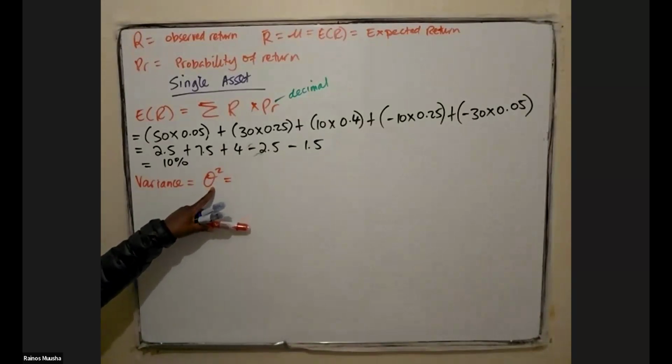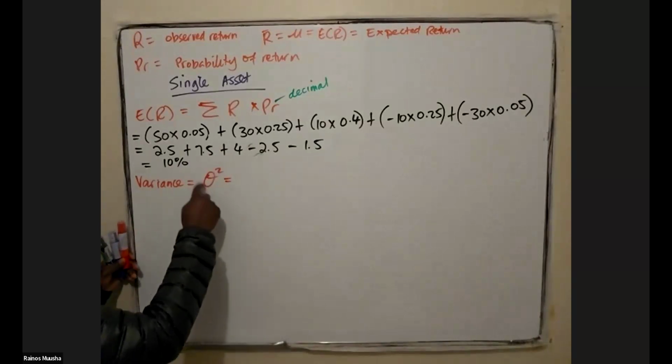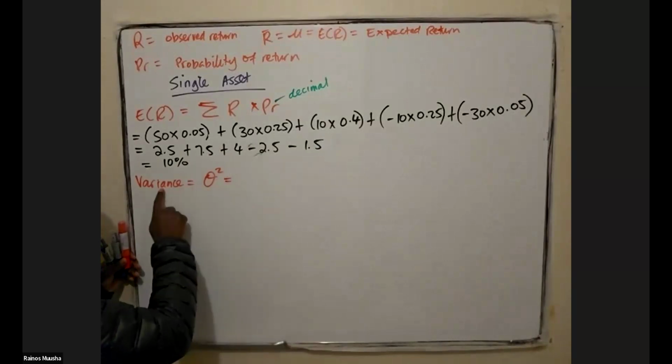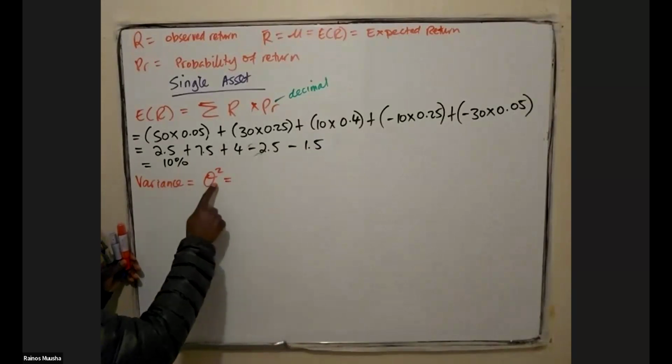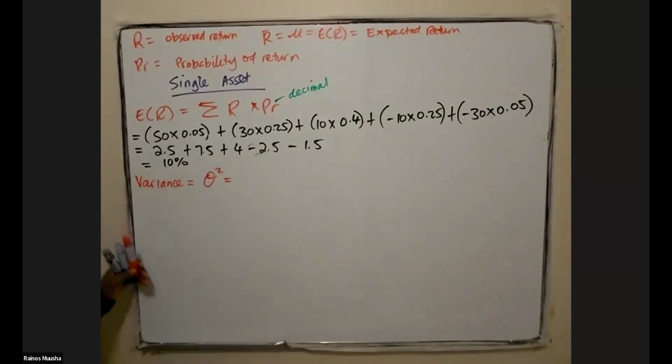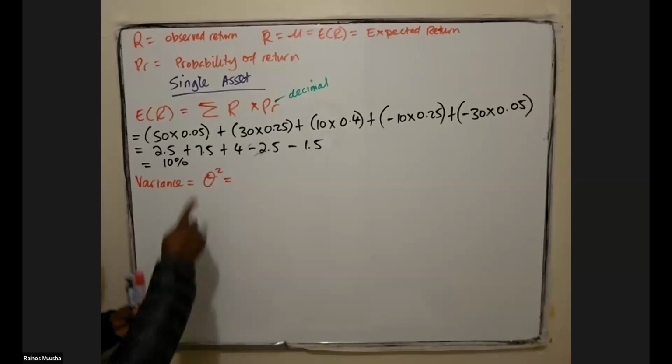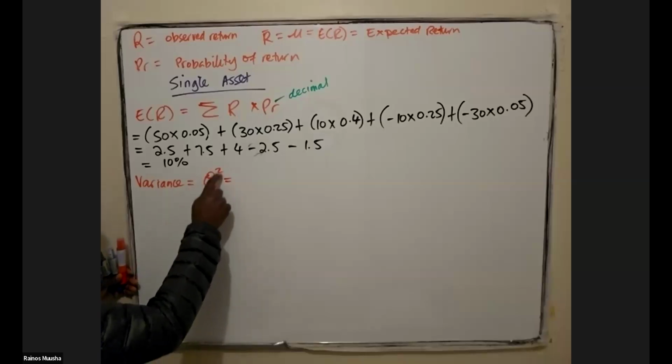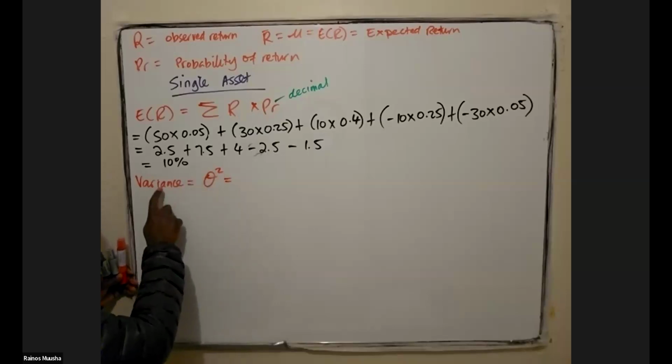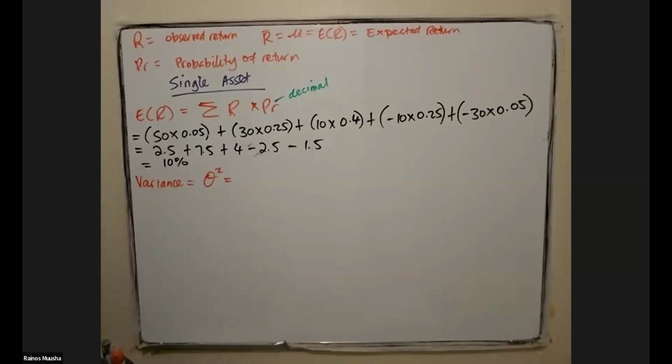So when you're referring to volatility, you're basically saying that the volatility to the power of 2 is your variance. So whenever you see this notation with the 2 on the power, you should know that they are referring to the variance.